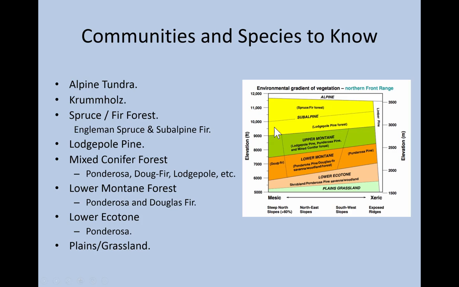As we move into the upper parts of the upper montane, seeing a lodgepole pine forest, where there is a really dominant presence of lodgepole pine, kept in place by the relationship between lodgepoles and fire, and that occupying both the upper reaches of the upper montane as well as the lower subalpine zone.